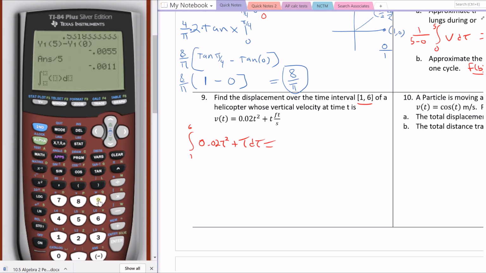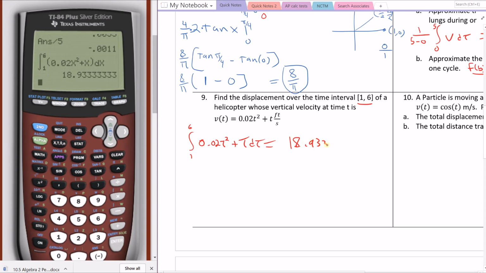So from 1 to 6, 0.02 x squared plus x dx is 18.933. This was feet per second, so this is feet. All right, next one.